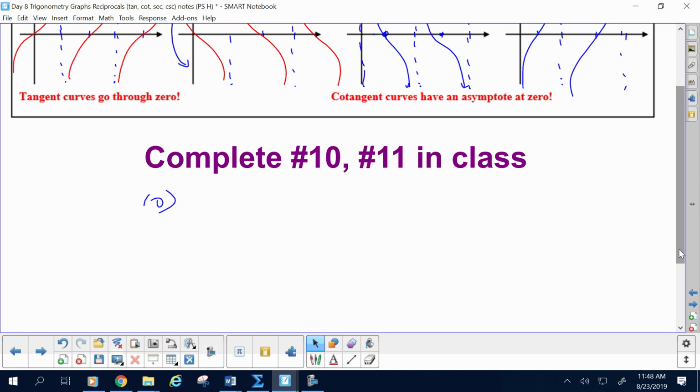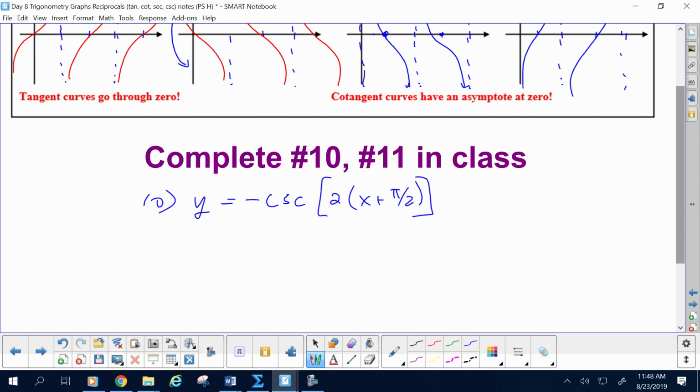I don't know if we have time for 10 and 11, but maybe we can start 10. I would start by sketching y equals negative sine of 2x plus pi over 2, because once you have that, you can do the asymptote idea where it crosses the center line.